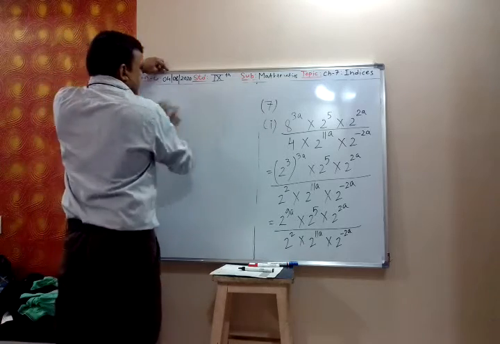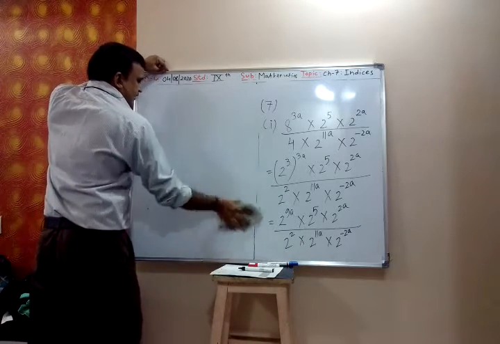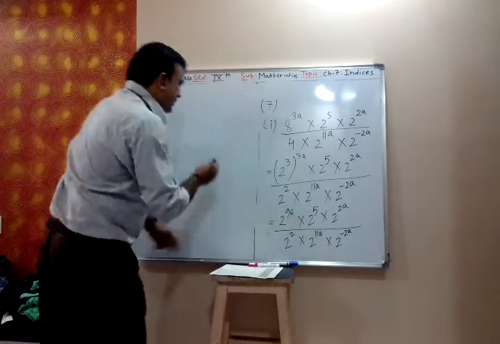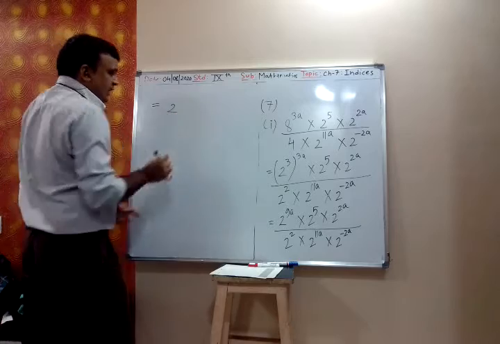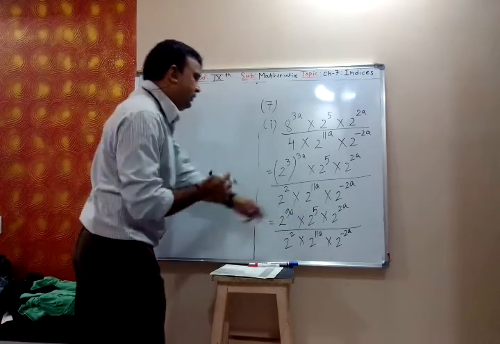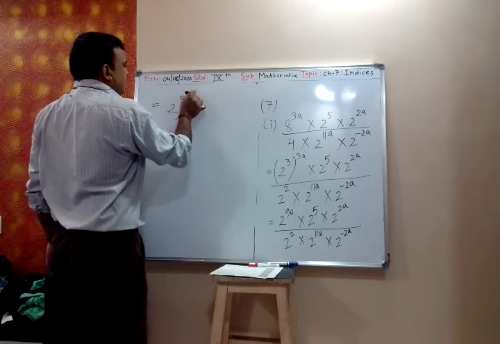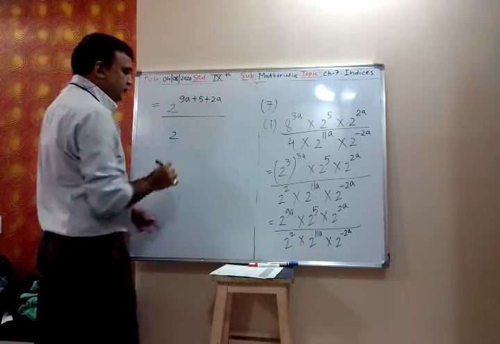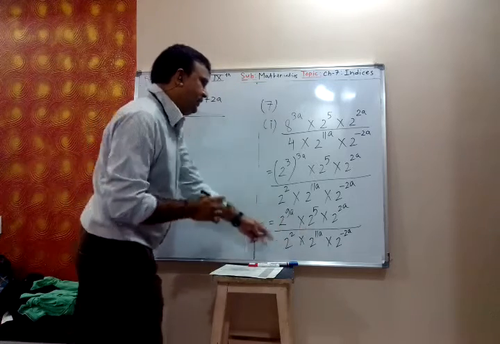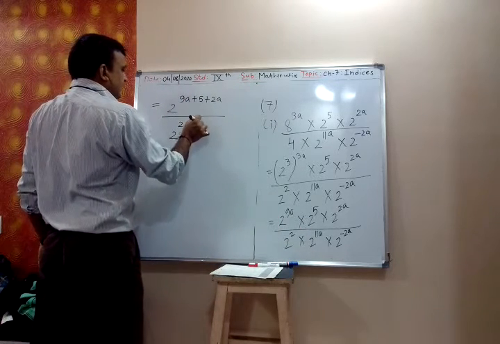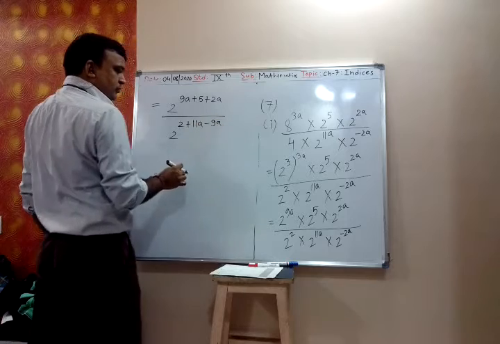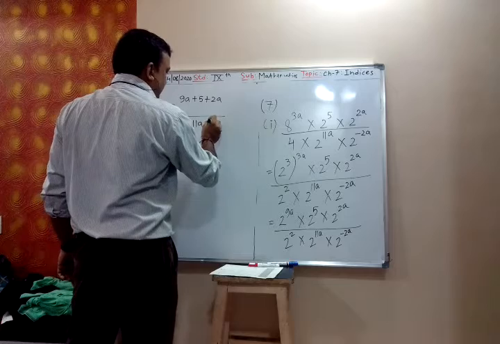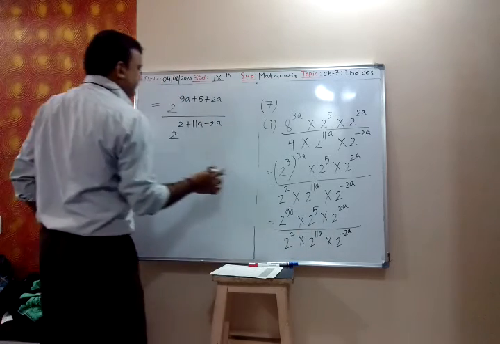In the numerator I will take the base 2 and add the powers: 9a plus 5 plus 2a. Upon, again in the denominator the base is 2, add the powers: 2 plus 11a minus 2a.